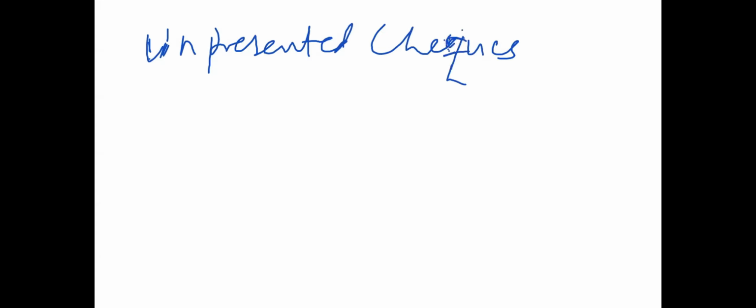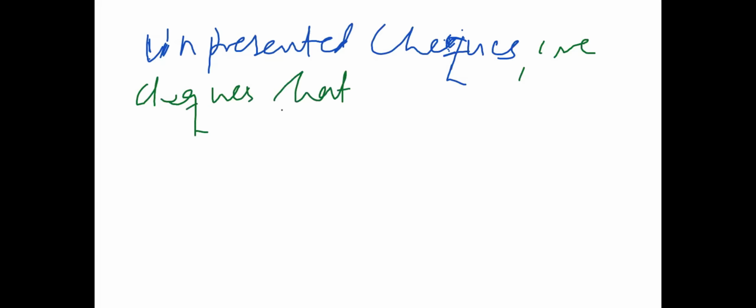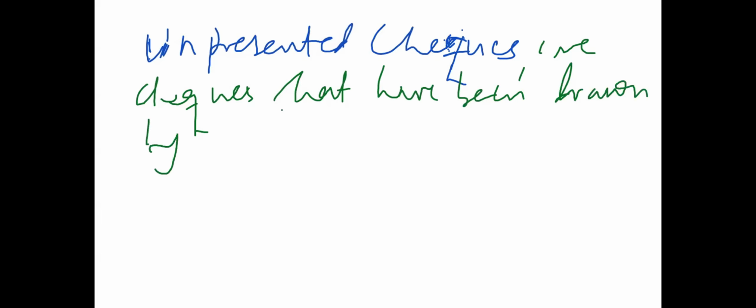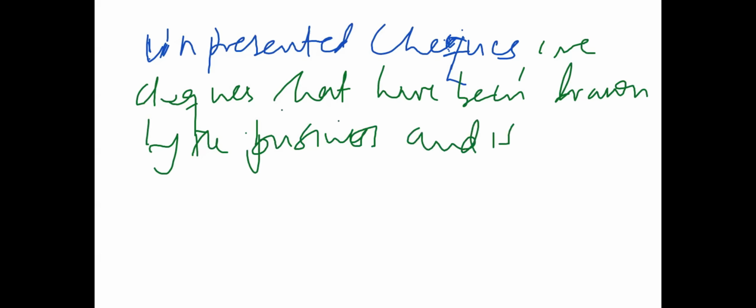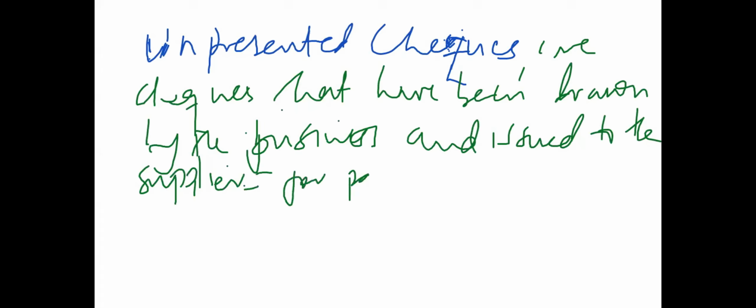So unpresented checks, these are checks that have been drawn by the business and issued to the suppliers for payments on whatever they have supplied to the business.